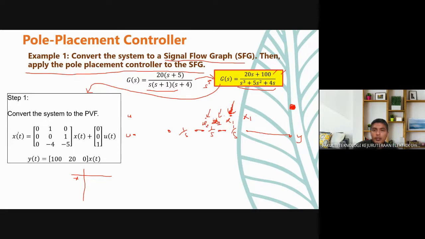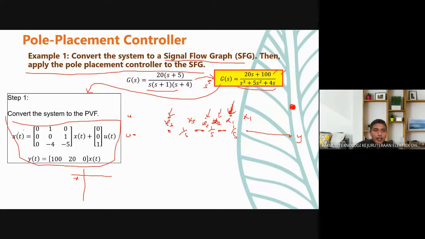Here will be x3, and finally you get at this part x3 dot.